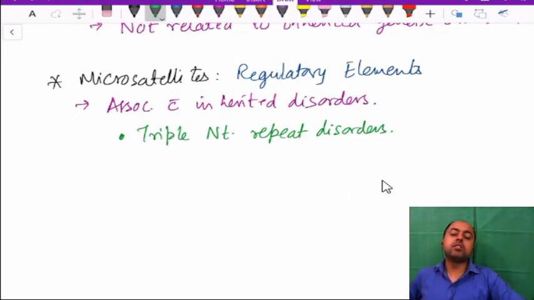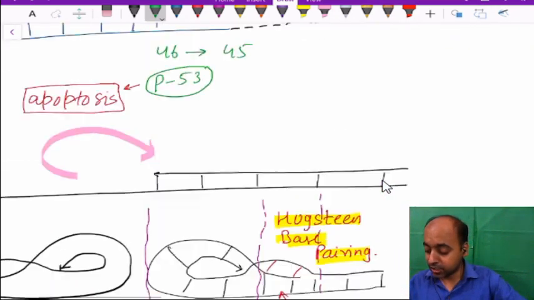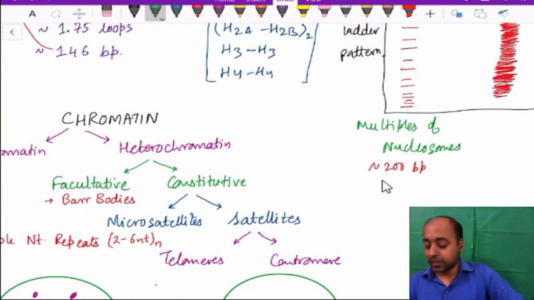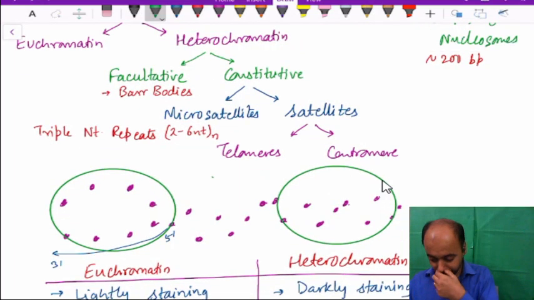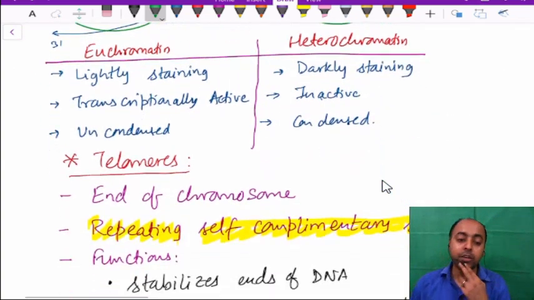Okay, so this is about the nuclear DNA. We said the nuclear DNA has multiple levels of organization. First, we talked about the nucleosomal level. Then we talked about the chromatin. In the chromatin, we talked about the euchromatin and heterochromatin. In the heterochromatin, we talked about the facultative and the constitutive. In constitutive, we had several names: the microsatellite, telomere, and centromere. I briefly mentioned the difference between euchromatin and heterochromatin.